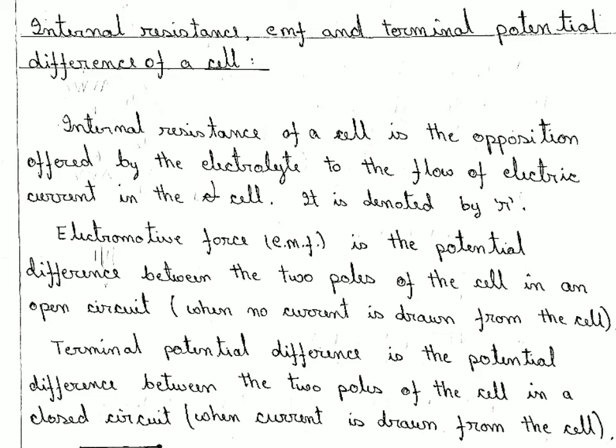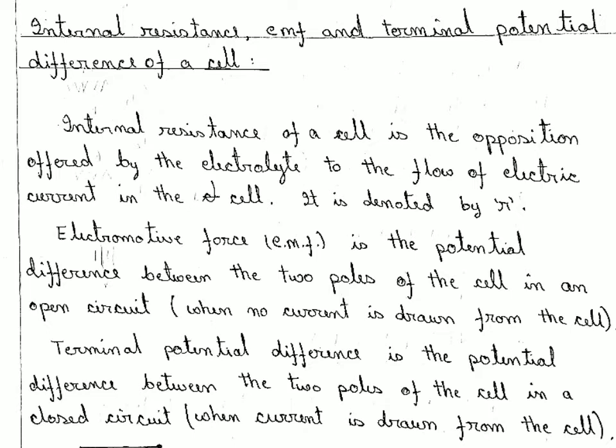Now, when a cell is connected in a circuit, charges flow in the circuit from the negative end of the cell to the positive terminal of the cell.